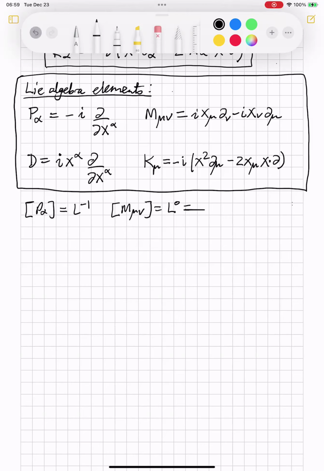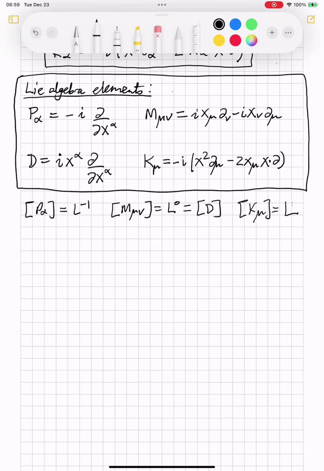The dilatation generator, the generator of scalings, also looks like an x times d by dx, so D also is dimensionless. And the special conformal generator looks like an x squared times a d by dx, so this will be a length.